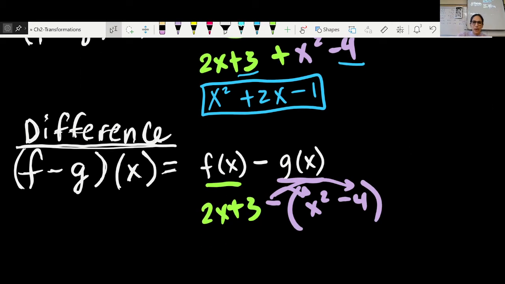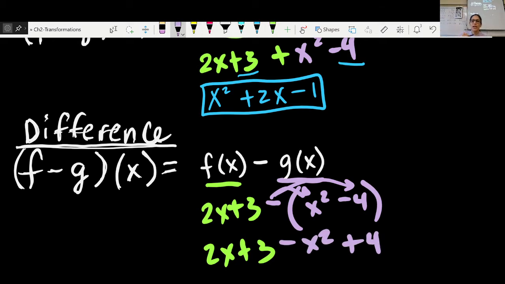So when we work our way through this, in the next step, we'd have 2x plus 3. This ends up being minus x squared, and this ends up being plus 4. So it's similar to the last one, but when we put this all together, instead I'm going to have a negative x squared plus 2x, and these two end up adding to give me plus 7.